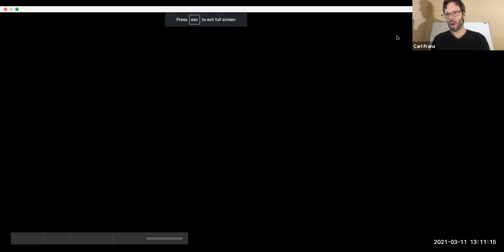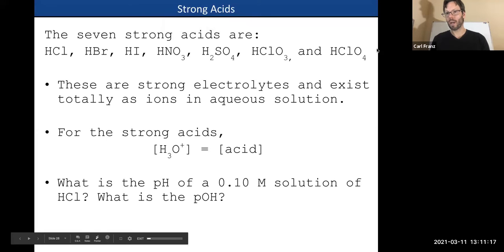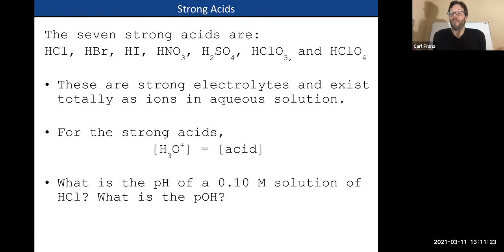So we were talking about strong acids, I believe that's where we left off. And we said that strong acids, and hopefully after this lab simulation this is going to be much clearer to you all, completely dissociate.